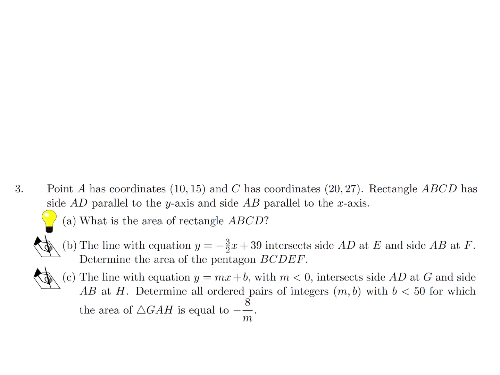All right, so let's see. So we've got some rectangle here, and let's just draw it in. So we've got A, B, C, D. So A is 10, 15, so this is 10, and this is 15.